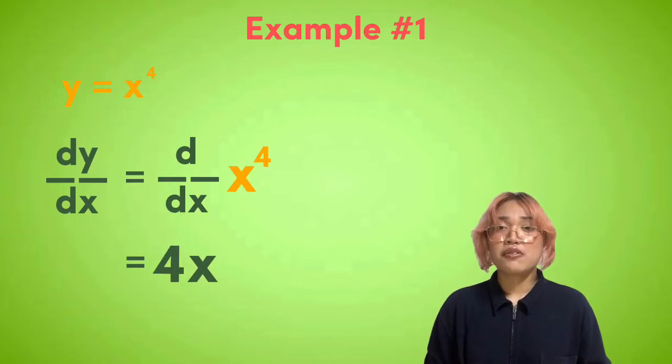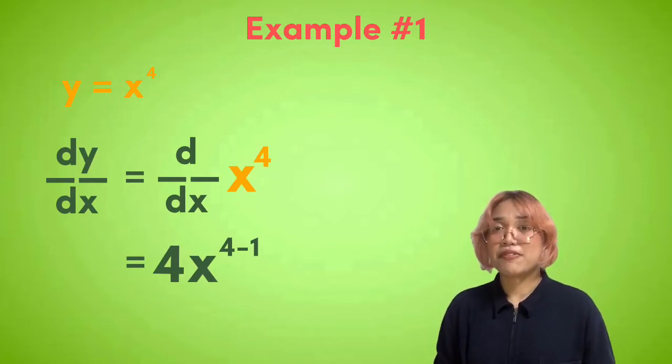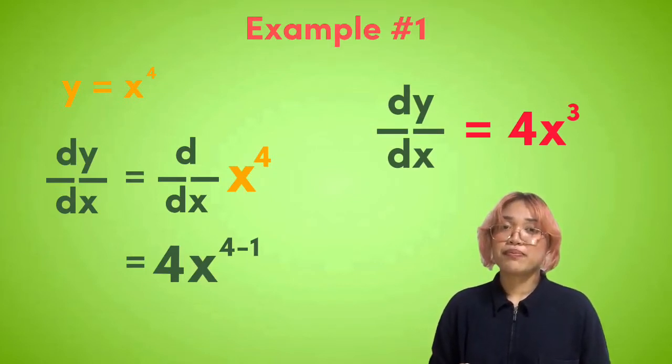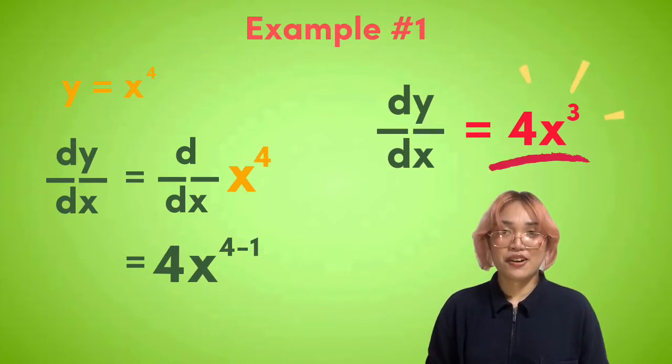The exponent, we will be subtracting it by 1. Then we will simplify. Now, we have dy over dx is equals to 4x cubed. Now that is our final answer.